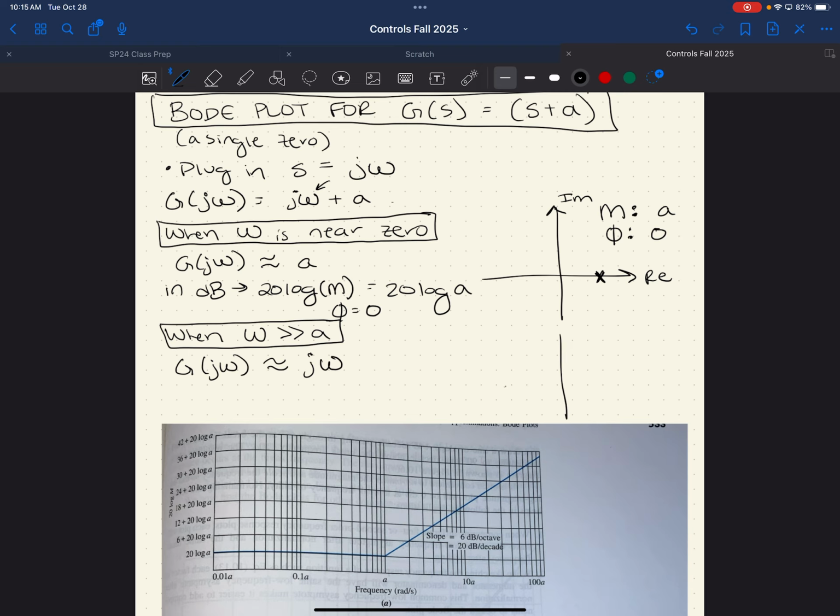If I think about j omega as a complex number, I have my j omega on the imaginary axis. I just have an omega here. What is my magnitude? Omega, yeah. The distance here is just omega. What is my angle? 90 degrees.